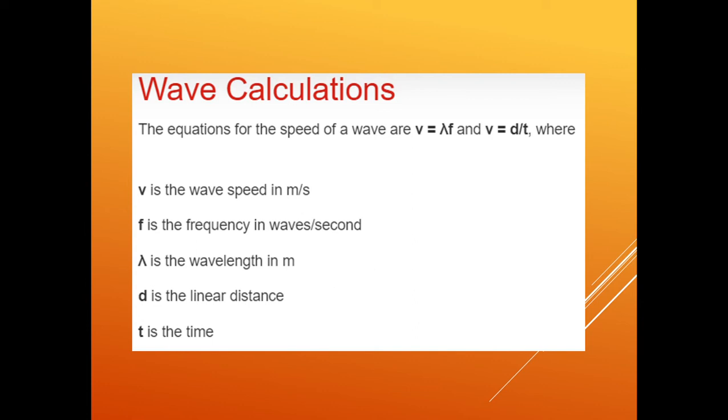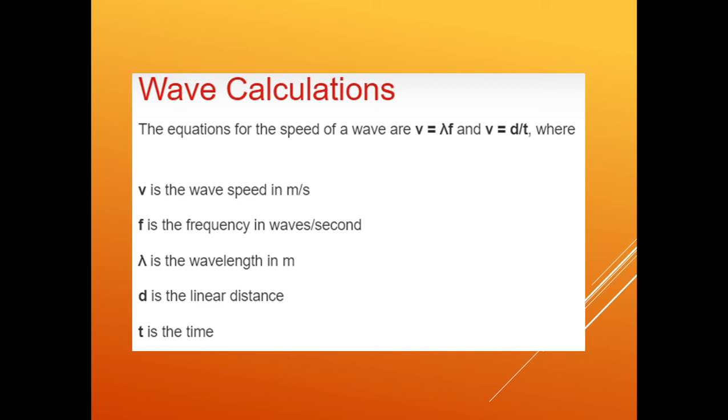Something very important that you need to notice are the terms and also the units. I recommend that you have a specific compilation of these two formulas and of course what they stand for, and the units, because that is pretty helpful and is going to allow you to successfully complete the problems that you will encounter later on. The letter v will stand for the wave speed in meters per second.